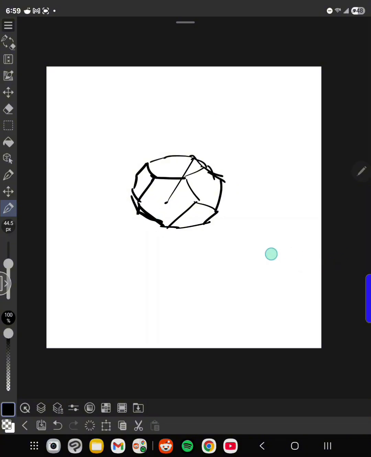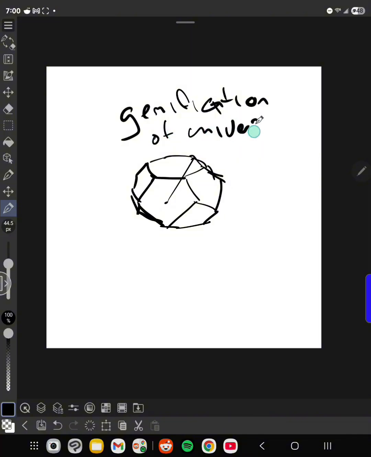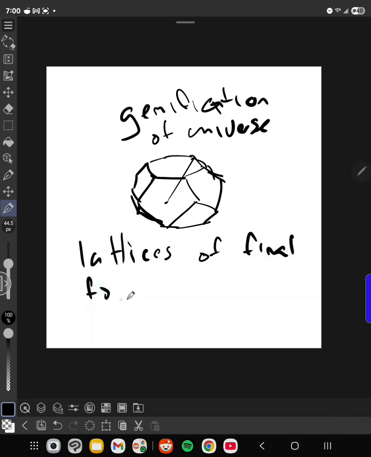So we have this thing. Gemification of the universe. And those are lattices of final form before singularity. All right?